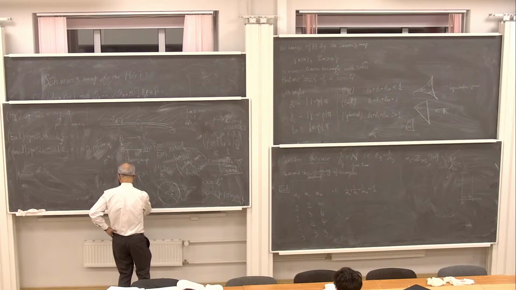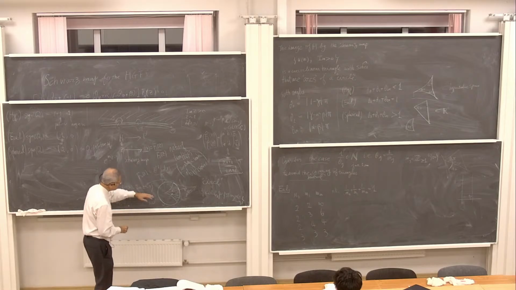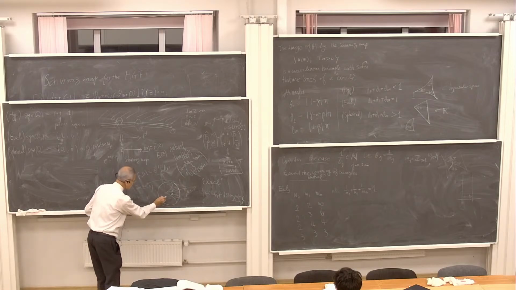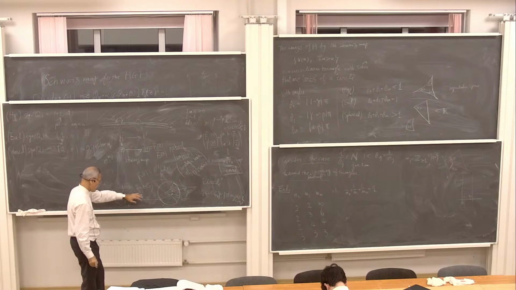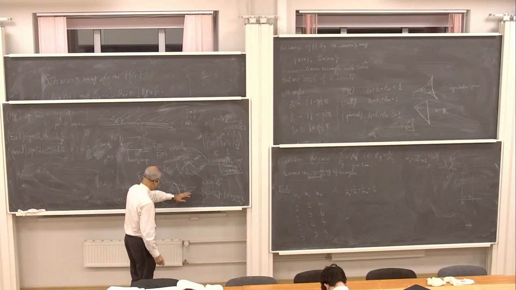This is u of z such that the imaginary part of z is negative. This one is positive. So we have quite a clear understanding of how it looks.